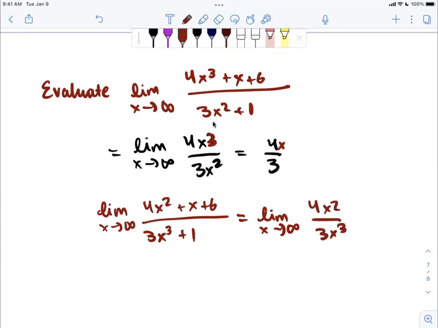And after canceling, that's going to be the limit, again, as x goes to infinity, of 4 over 3x. But now we have an x in the denominator that's going to infinity, which means we're dividing by a really big number. And so the whole thing's going to 0. And that's also always true. So if the denominator has a higher degree, then the entire limit goes to 0.